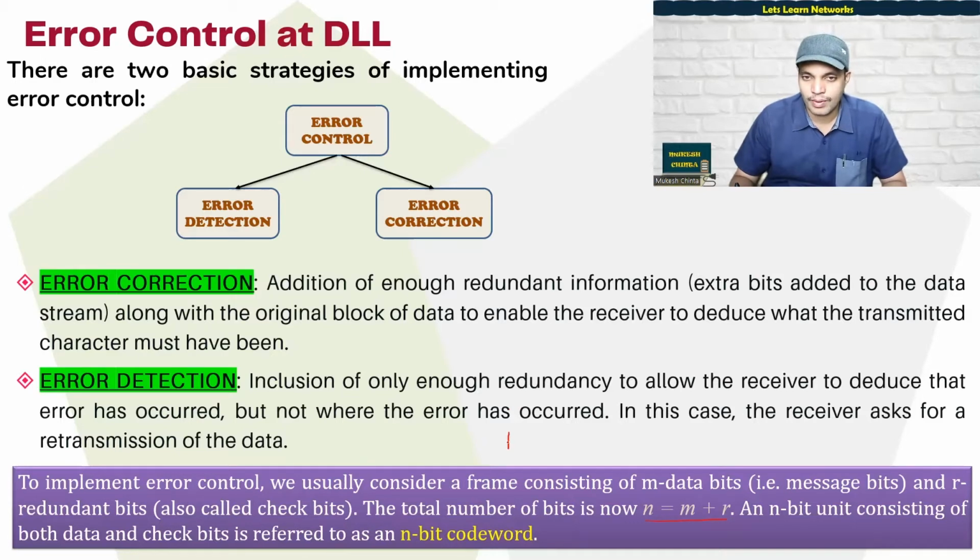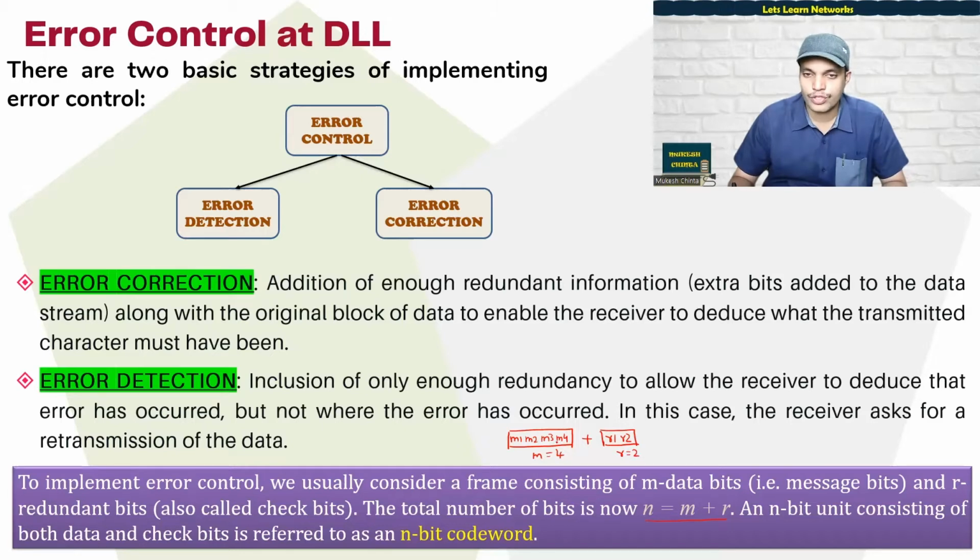Now, if this is my original data word, which might consist of m1, m2, m3, m4, 4 data bits. In order to implement error control on this data word, I add some redundant bits. Let me assume r1, r2. Here m is equal to 4 data bits, r is equal to 2.